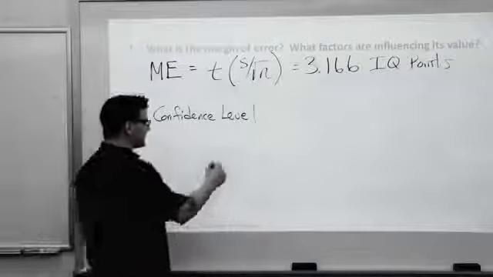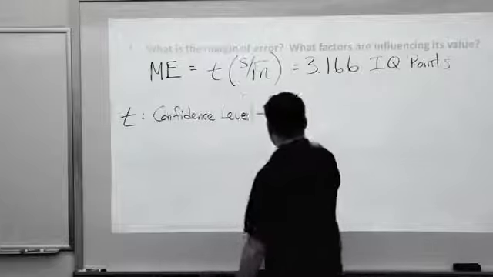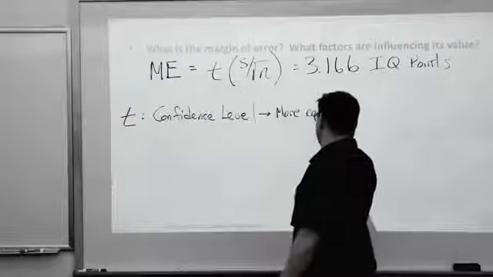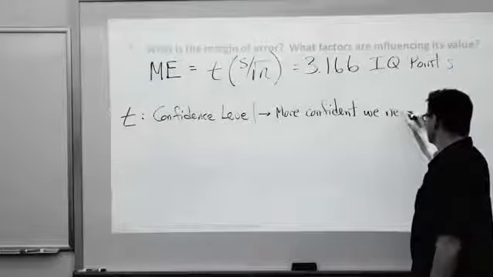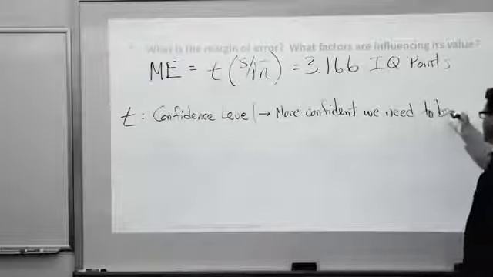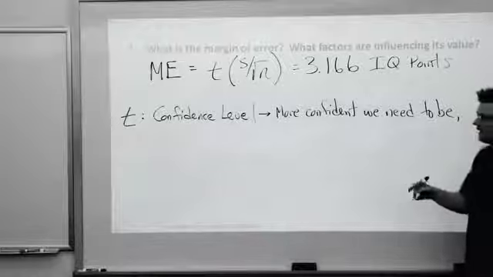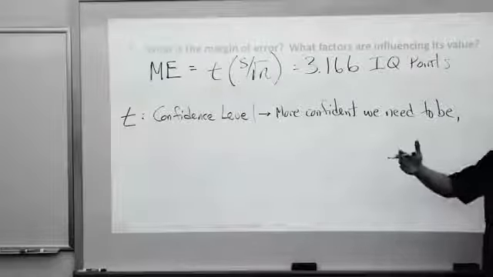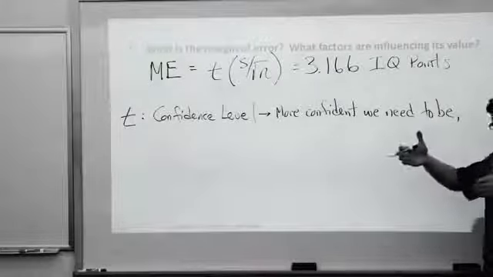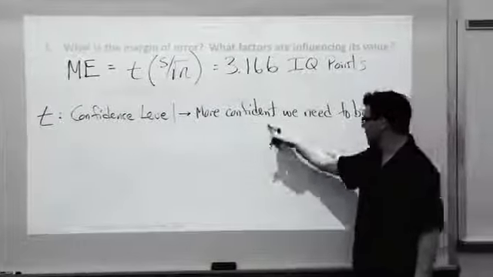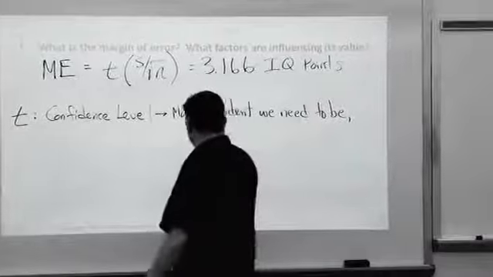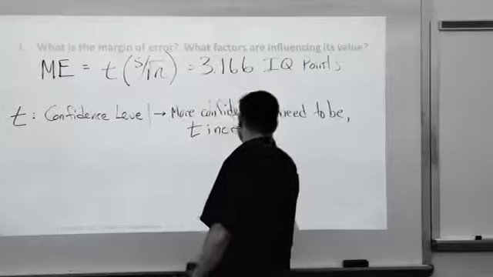But t is based on confidence level, and as I think we know by now, the more confident that we need to be, if I need to be more confident of hitting the target, I would crank up t, right? Instead of 95% confident, I'd be 99, and that's going to happen. So the more confident we need to be, t definitely increases.